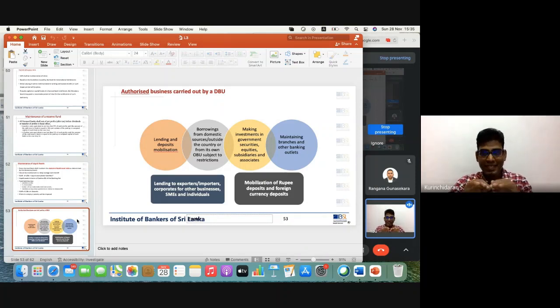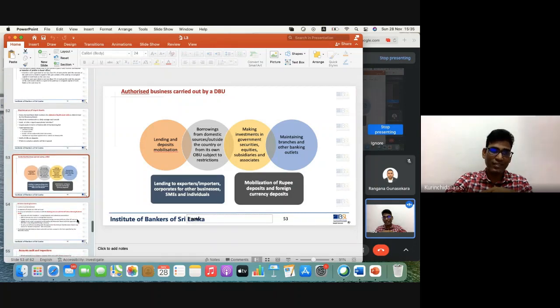It's clearly given what business activities the DBU can perform and what activities the OBU can perform. I have given here that the DBU can do deposits, borrowings, investments, and maintain branches. You can read and understand that.